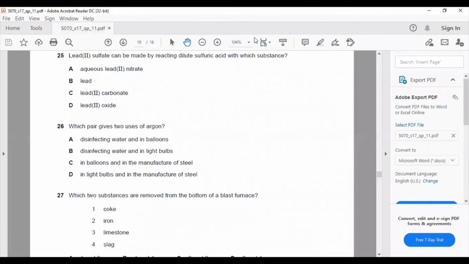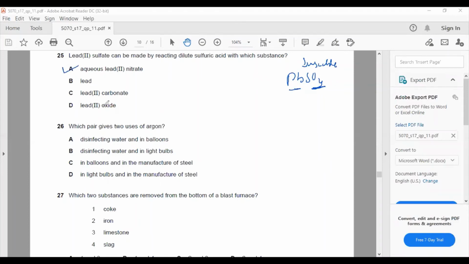Now let's see why. Lead sulfate, insoluble, can be made by reacting dilute sulfuric acid with which substance? Okay. Because in your syllabus you are taught lead sulfate, an insoluble salt, is prepared by two soluble solutions, sulfuric acid and lead nitrate.